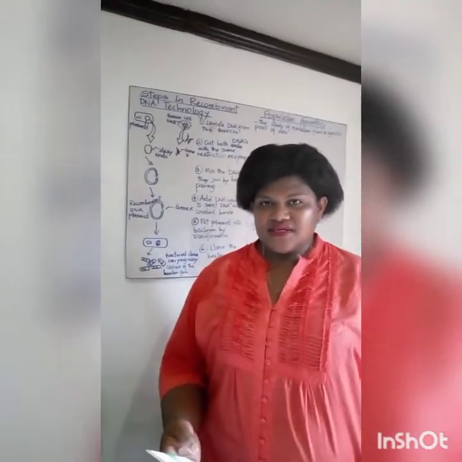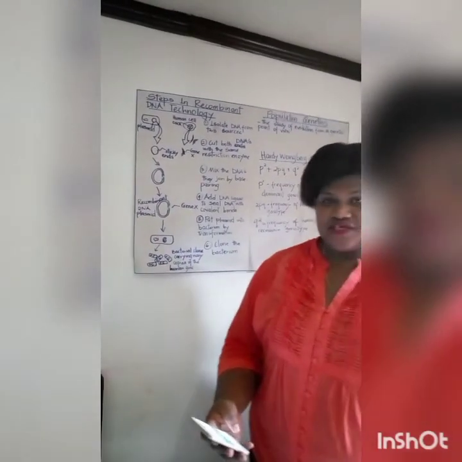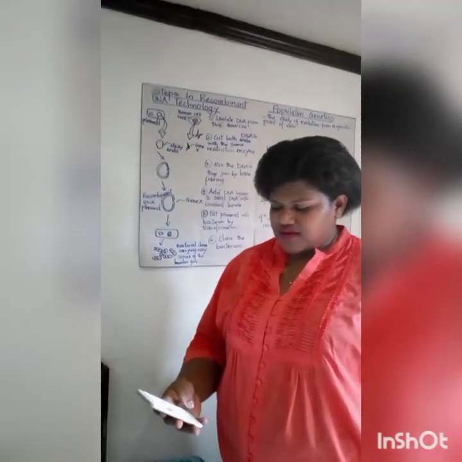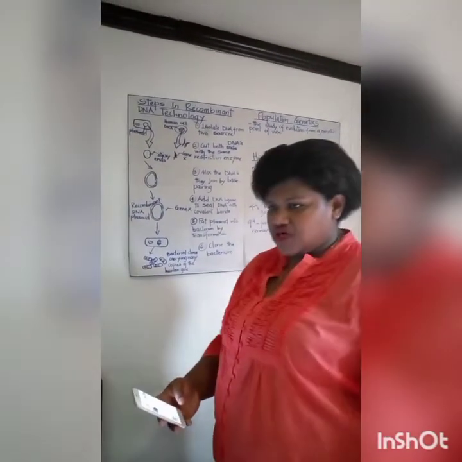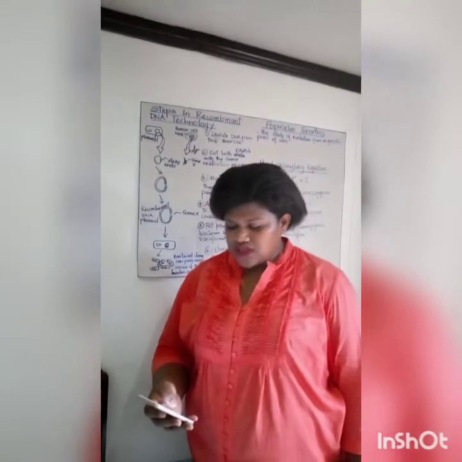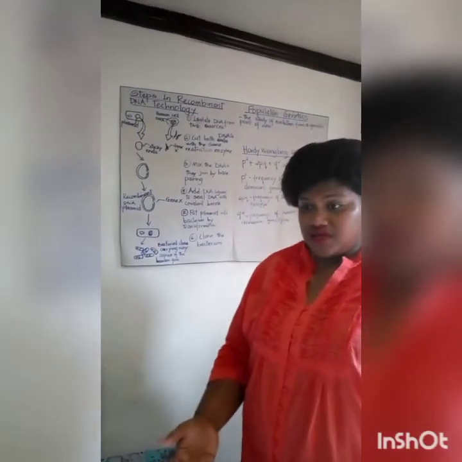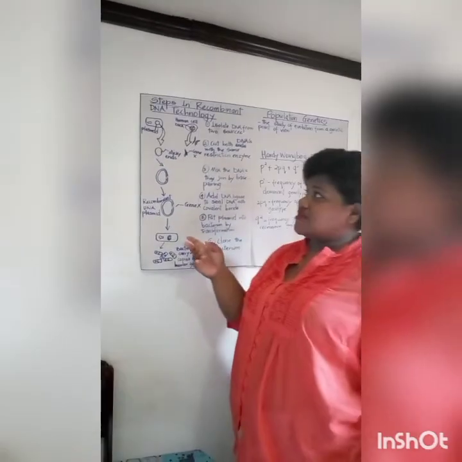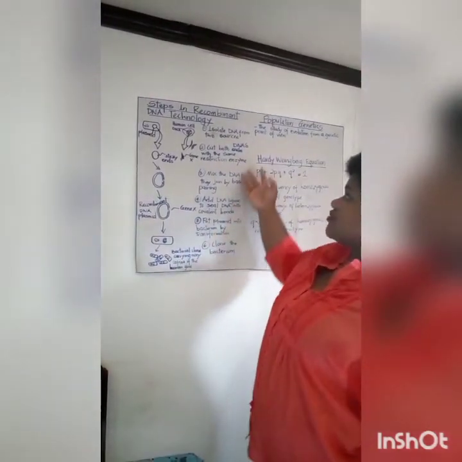Okay, students, that is a short video on genetic engineering. I know that you understand the whole lesson that has been taught. Moving on to the recapping of the notes. These are the chart that has been provided.